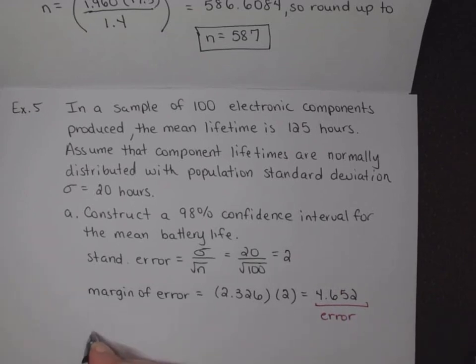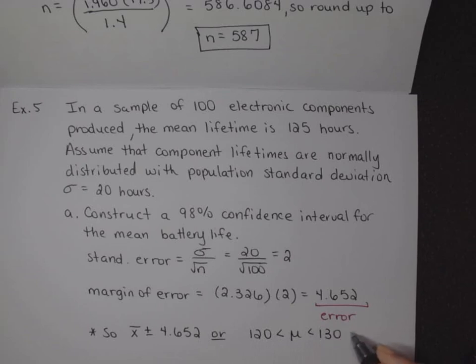And so if we want to find the interval, we do x bar plus or minus that 4.652. So if you do that, and we're going to round it to the nearest whole number on this one, you're going to get something between 120 and 130 hours.